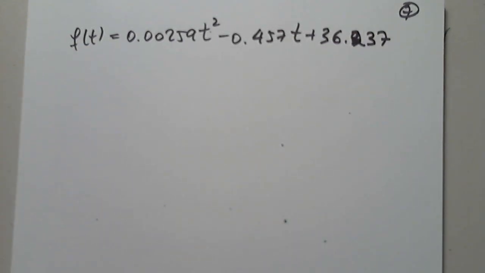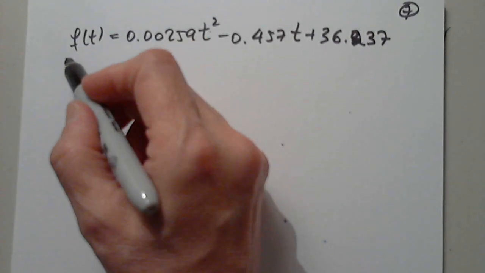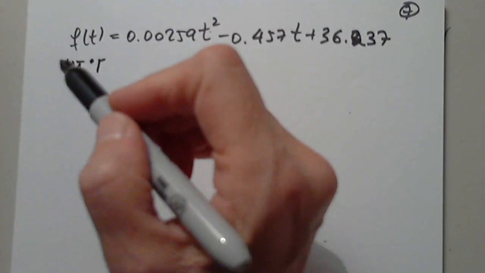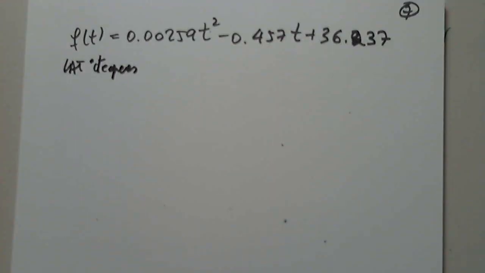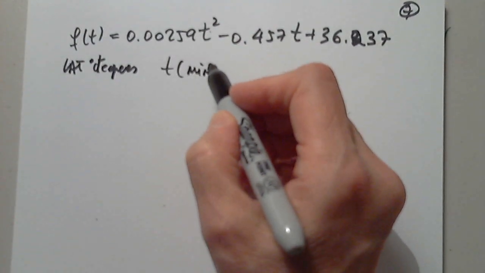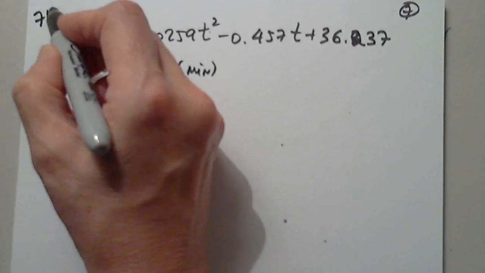Fine. f is the latitude in degrees, south of the equator, and t is minutes after the start of the total eclipse. So t in minutes. And this is problem 71.